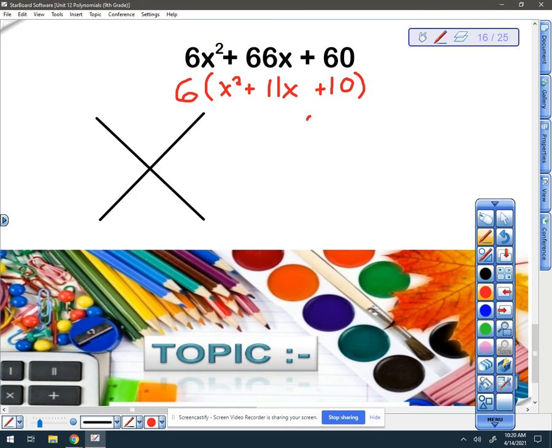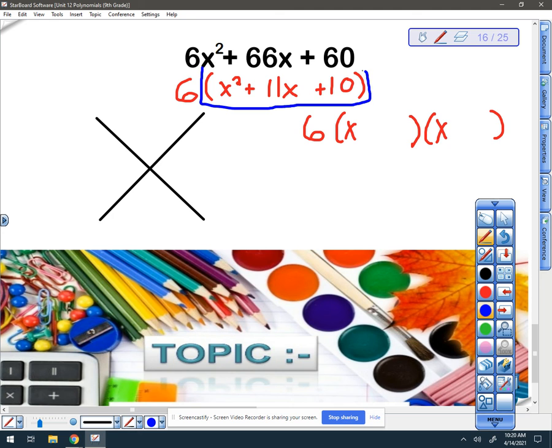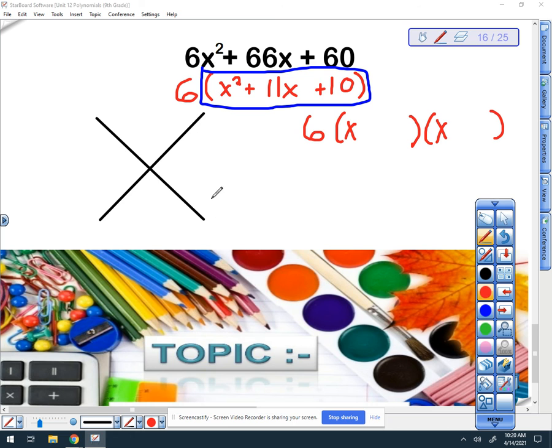So then when you get your final answer, you'll still have 6 on the outside, and then you'll have your binomials there. So then you just do what we've been doing, but do it for that one and see what you come up with. So go ahead and pause the video, do this last problem, draw your x, fill it out, and see what you get.